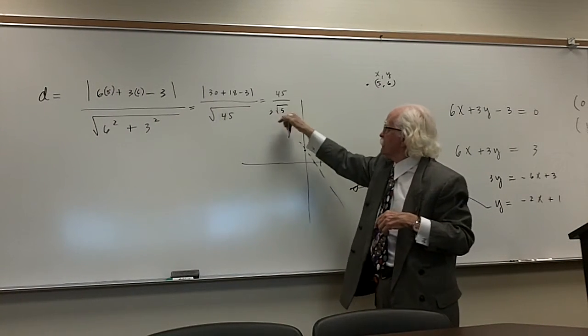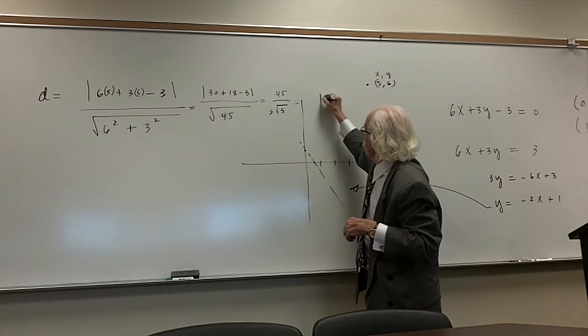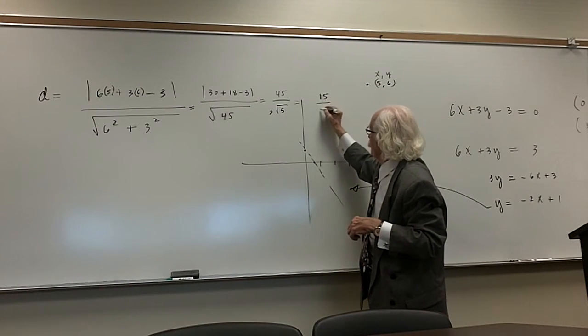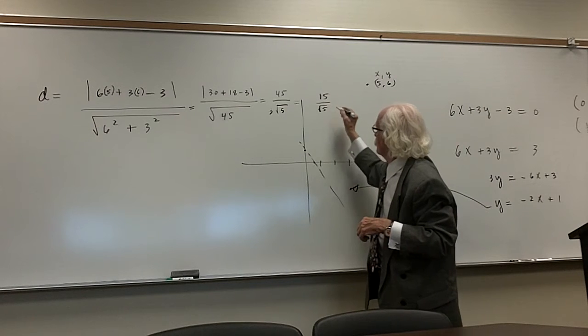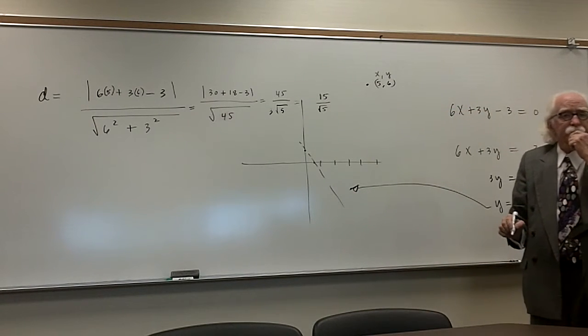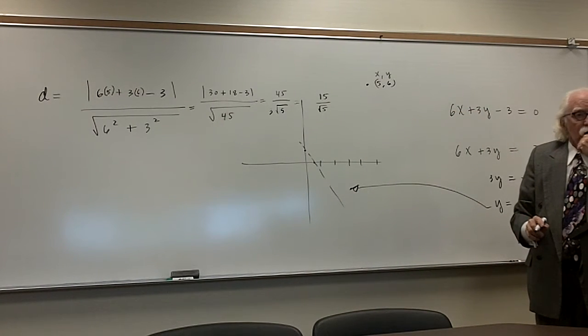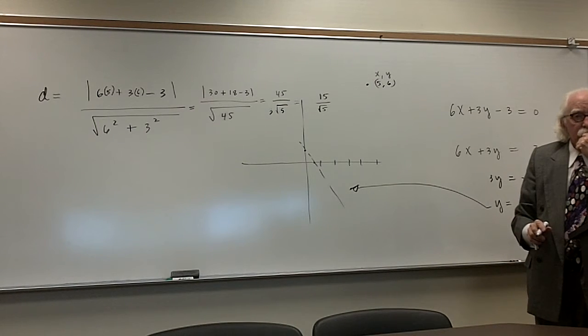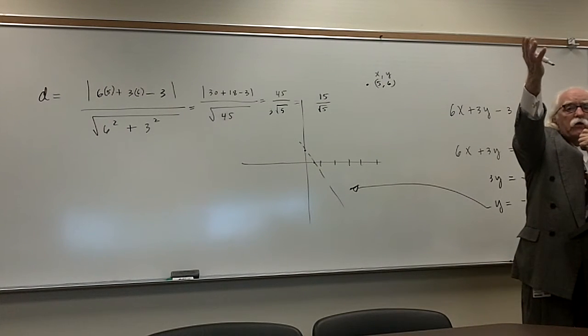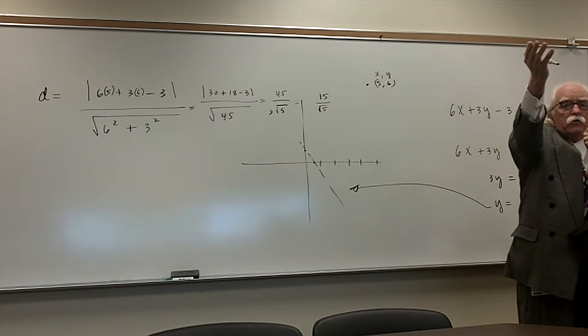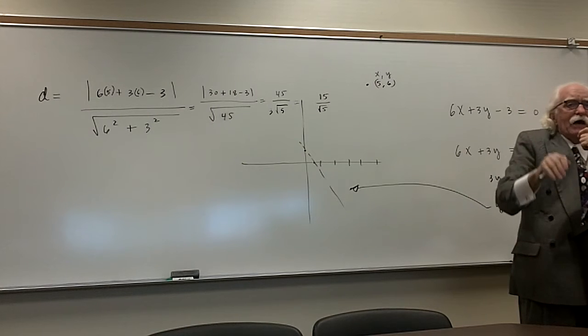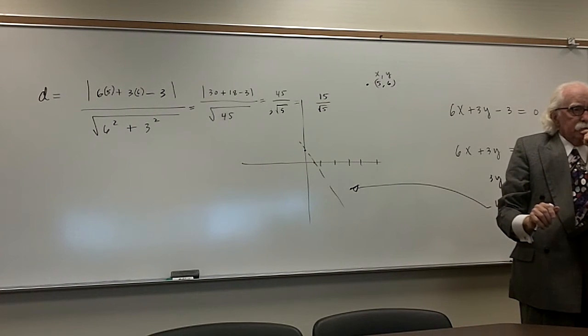So now you could actually do what? This becomes 15 over what? Are we through? No. Why not? You want to rationalize the denominator.